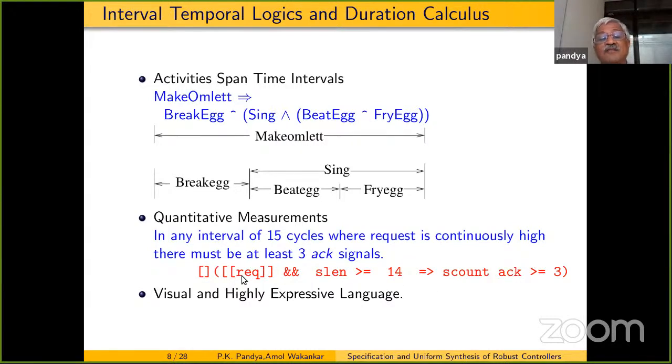The antecedent says if my interval is such that the request is continuously high throughout the interval and the length of the interval spans 14 steps, that is 15 cycles, then the number of times the acknowledgement occurs within that interval should be at least 3. So within any 15 cycle window where request is continuously high, there must be 3 acknowledgements. This is the kind of properties we are able to state, right?